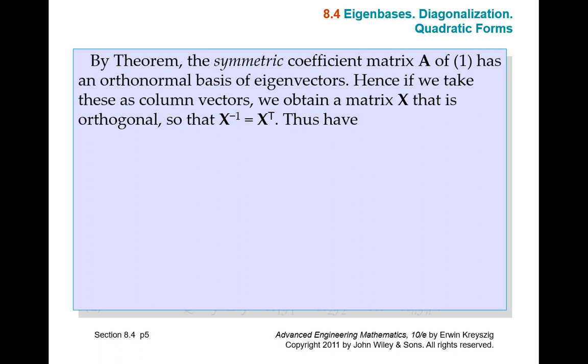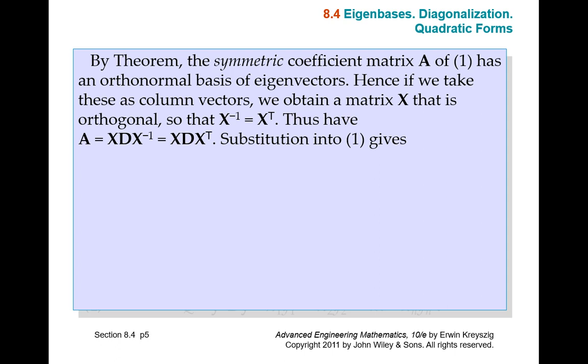This is the benefit of having an orthogonal matrix, so we can use it for the transformation. Now A can be written as X D X inverse, which is X D X transpose. Here, X is a matrix whose columns are eigenvectors, so D becomes the diagonal matrix whose diagonal values are the eigenvalues of matrix A.